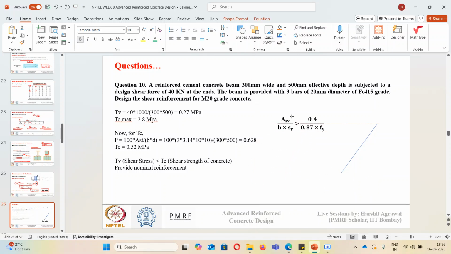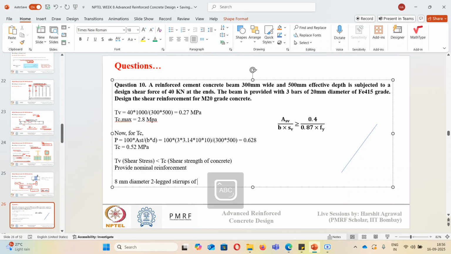Now ASV, let's assume we are providing 8 mm diameter two-legged stirrups of Fe 415 grade. ASV for this will be number of legs 2 times pi r square, 3.14 into 4 into 4, so it will come out to be 100.48 mm square.